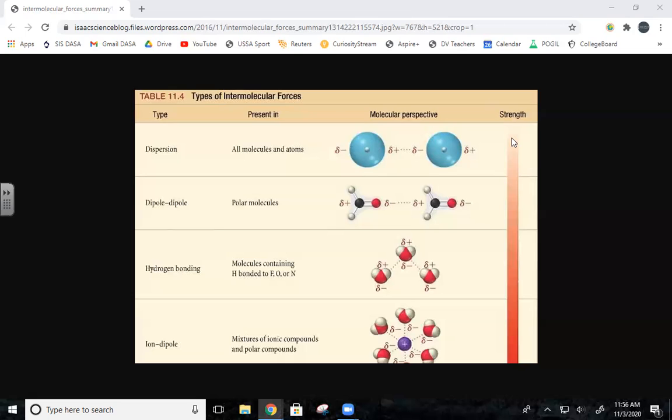So London dispersion is just like they align themselves, and they're kind of keeping each other at a distance because the electrons don't want to get too close to each other. There is a tiny amount of attraction between the negative part of this and the positive part of this, but it's extremely weak.